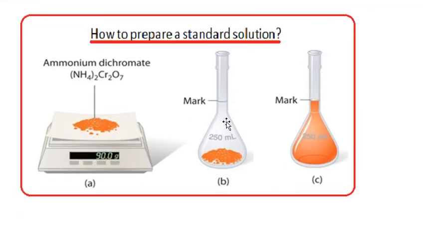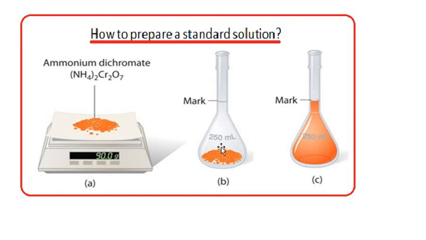This is a volumetric flask which is used to prepare the standard solution. You know that a solution consists of two parts: one of them is a solute and the other is a solvent. The mass of the solute is measured here by the sensitive balance. Then the solute is put inside the volumetric flask.